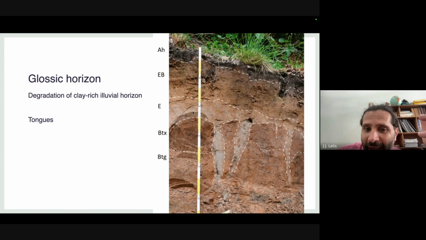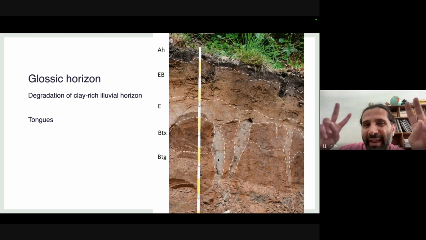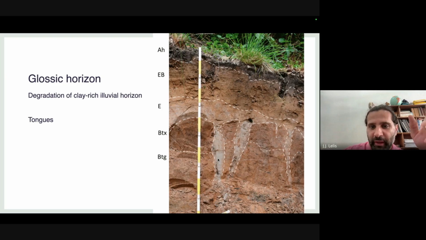So you have some migration of heavy particles such as sand and silt, and they will migrate and fill some empty spaces that before were filled by roots. And because of this, you can see these kinds of tongues of sandy material inside a clay-rich horizon.